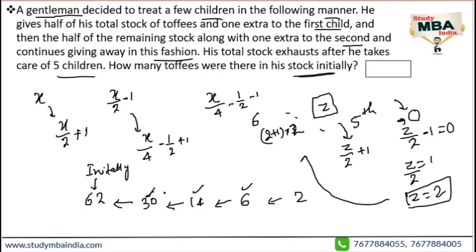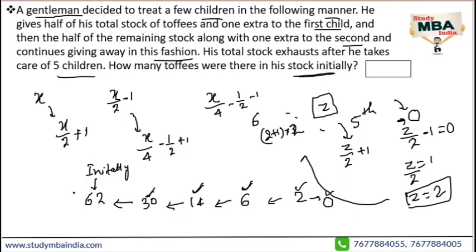This is after the first, after the second, after the third, and this is after the fourth. Then he gives half of 6, which is 3, plus 1 to the fifth child, and is left with 2. Then half of 2 is 1, plus 1, he gives all the chocolates to the fifth kid and is left with 0.